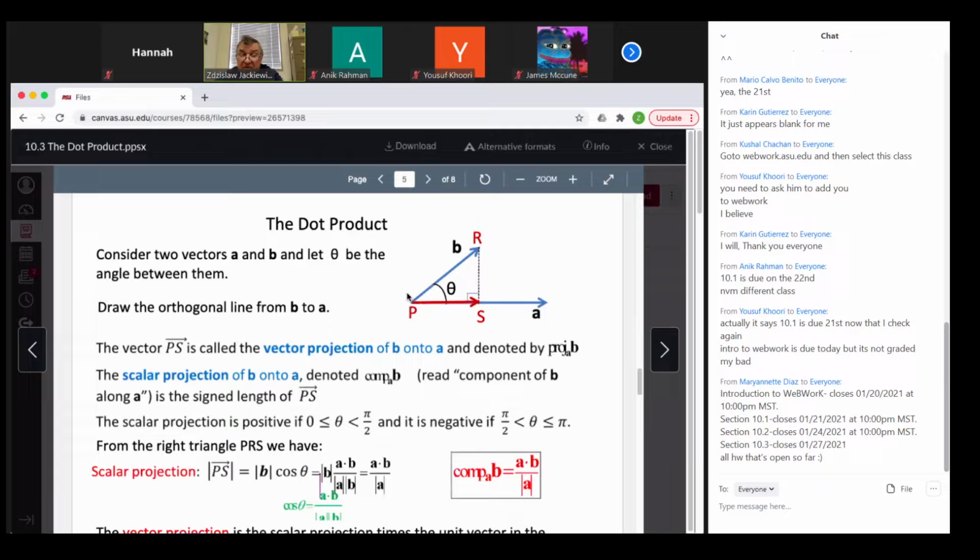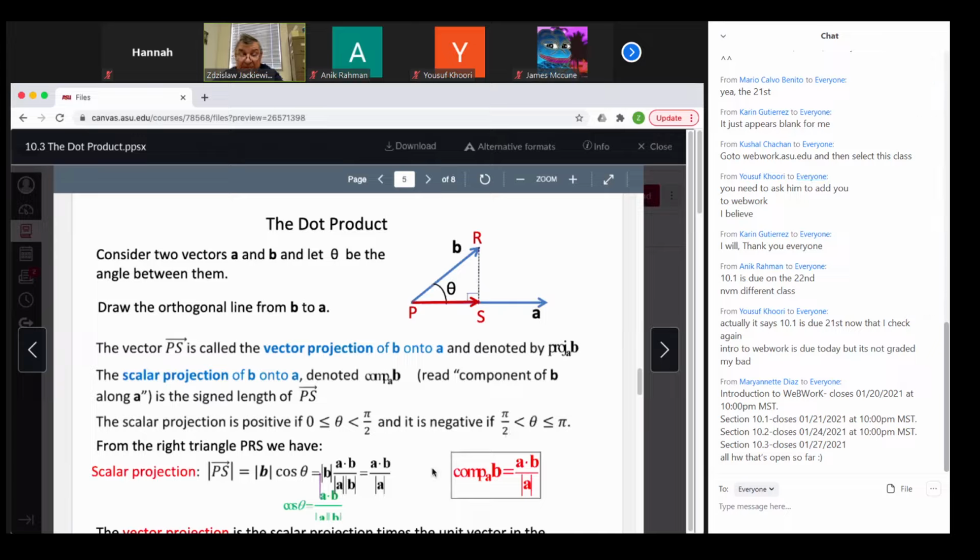If the angle is greater than pi over 2, when you project this, the projection will go in the opposite direction of the vector A. And then we say that the component is negative. So again, the scalar projection is positive when theta is between 0 and pi over 2, as on the picture, and negative if theta is between pi over 2 and pi.